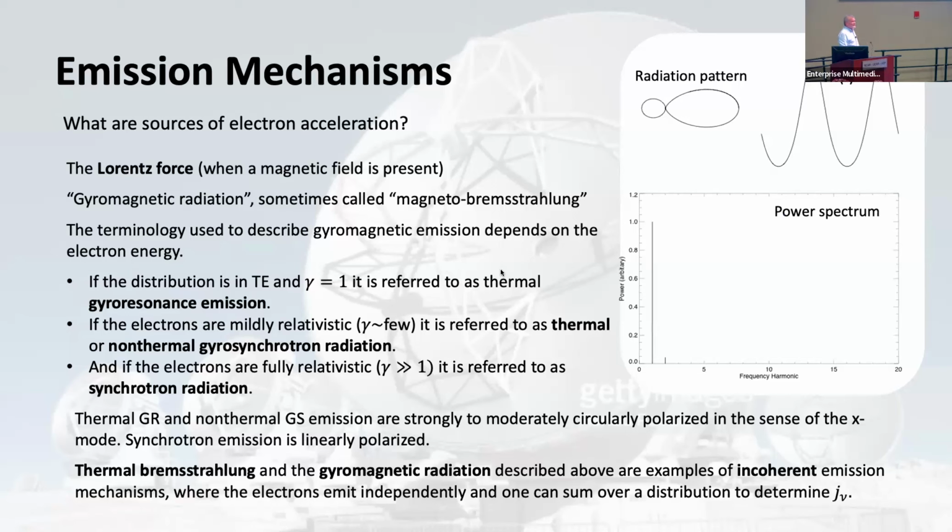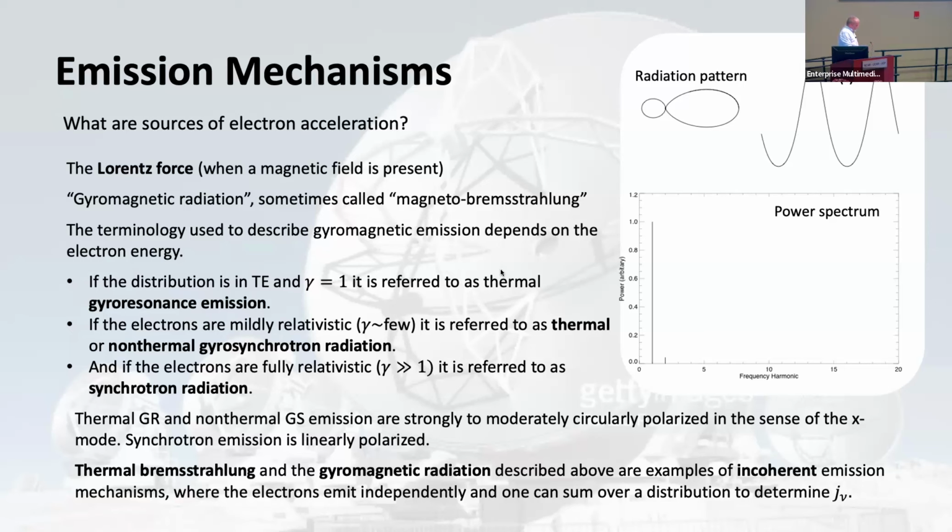We're not talking relativistic, but they introduce a slight distortion to the radiation pattern. And so if you take the power spectrum of the varying electric field, if you're looking at the electron as it spirals around, you see it directed towards you, away, or towards, away. You see a dipolar-like pattern if it's non-relativistic. If it's slightly more energetic, you start to get a distortion due to this relativistic effect.